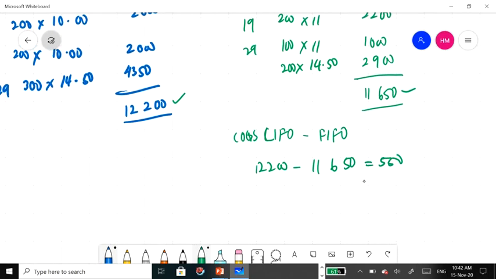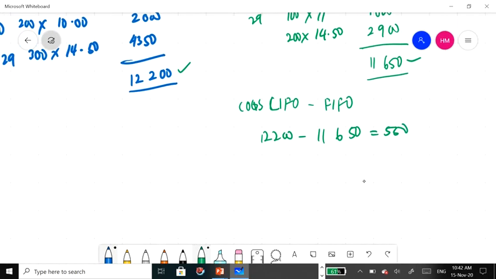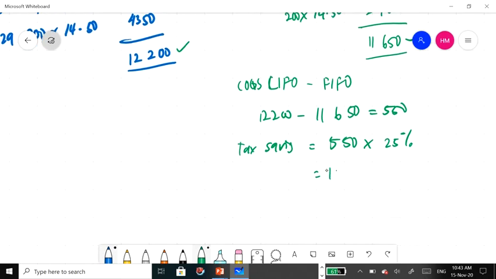So tax saving, 550 you timeskan dengan 25%. So you akan dapat 137.50. Macam tu lah.